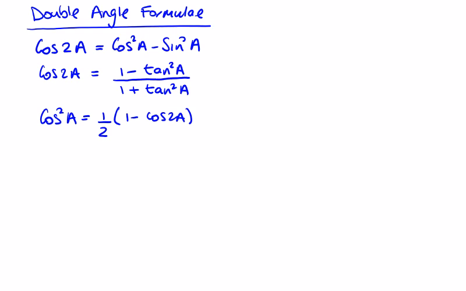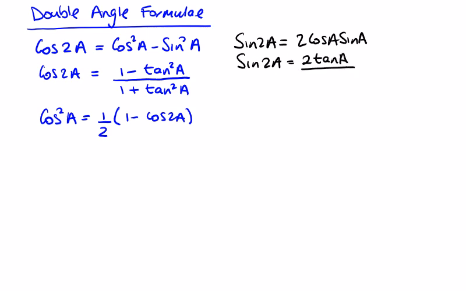Similarly with sine, there's 3 sine 2A's. Sine 2A is equal to 2 cos A sine A. Sine 2A is also equal to 2 tan A over 1 plus tan squared A. And then similar to the cos squared A, there's a sine squared A with cos 2A inside the bracket.